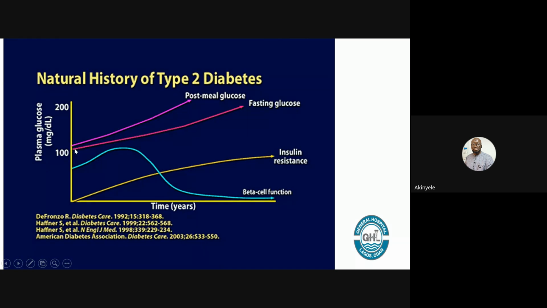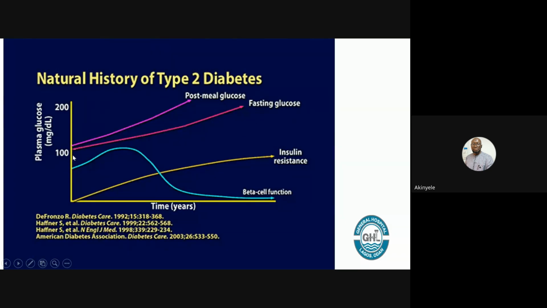And if you look at this graph, the one in pink is the fasting blood sugar. The other one, this one looks like red to me, is the post-meal blood glucose. It's usually the post-meal blood glucose that starts to rise first, even before the fasting blood sugar.